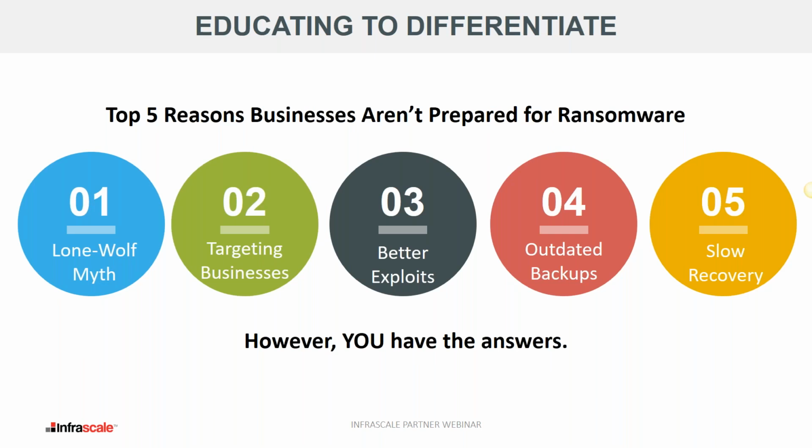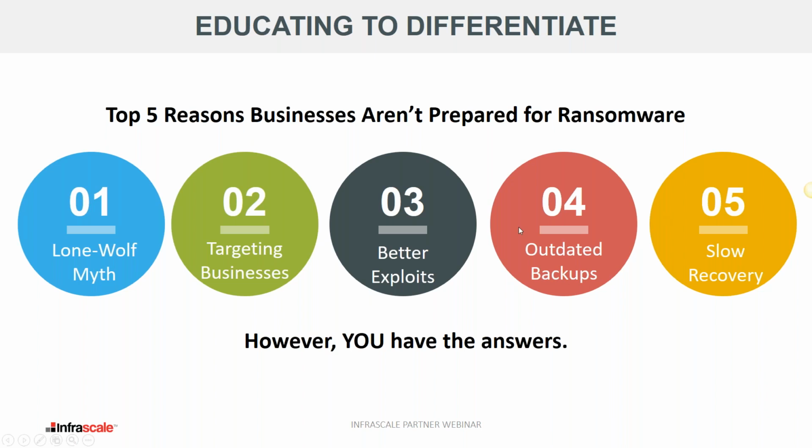Then there's educating to differentiate, and a lot of you are probably fairly familiar with this presentation. One of the things is the top 5 reasons businesses aren't prepared for ransomware. I'm challenging businesses. I'd probably even be better off targeting this and not saying businesses, but saying SMBs or small businesses.